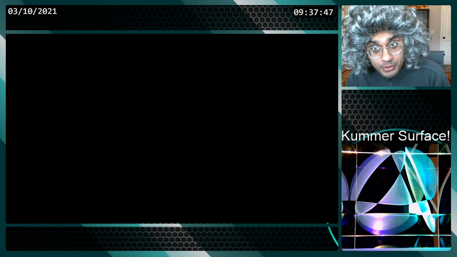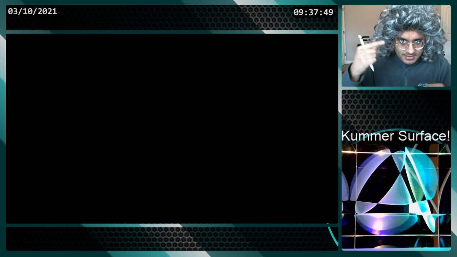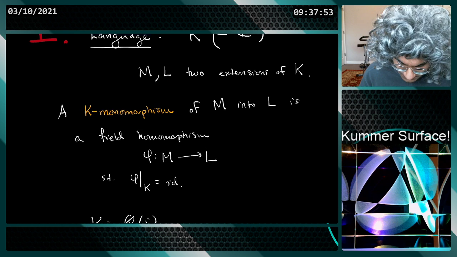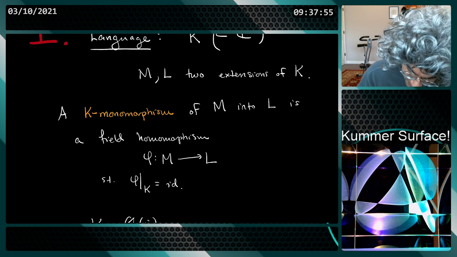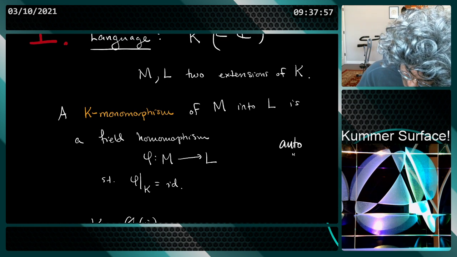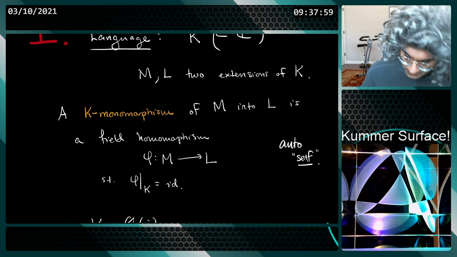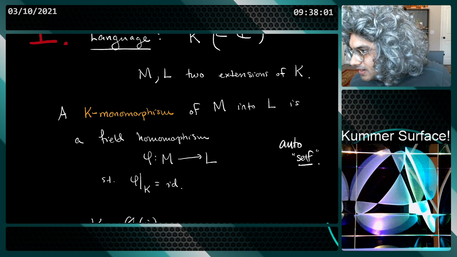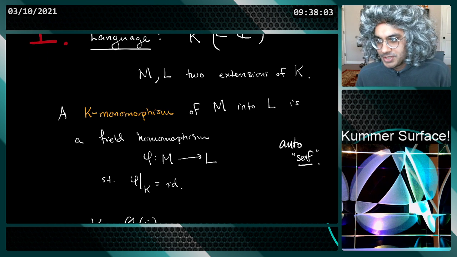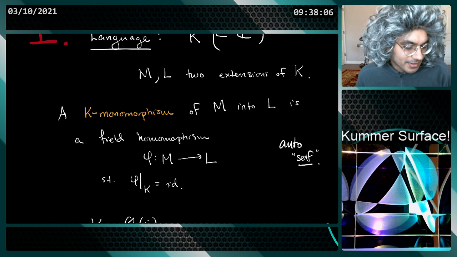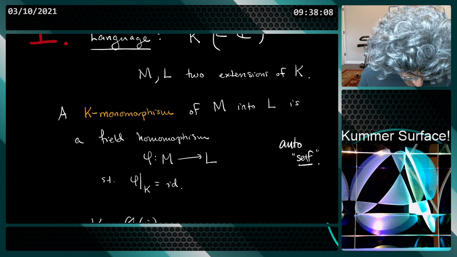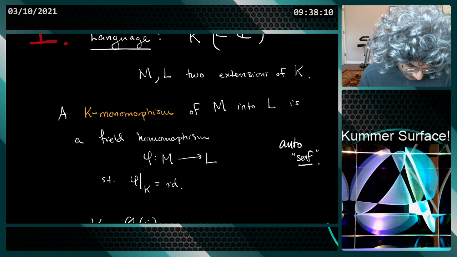Similarly, a K-automorphism is when you're mapping into yourself. The word auto means self. This is just language we're getting under our belts so that we can say things faster.